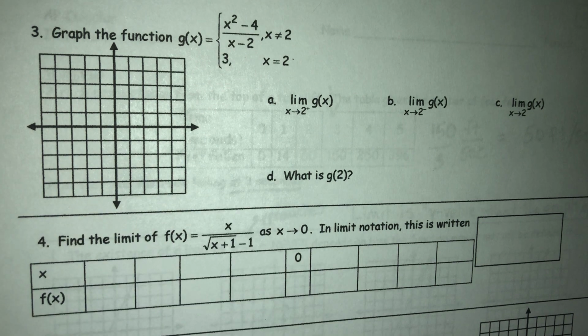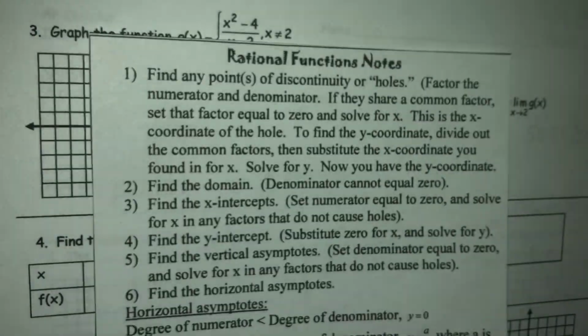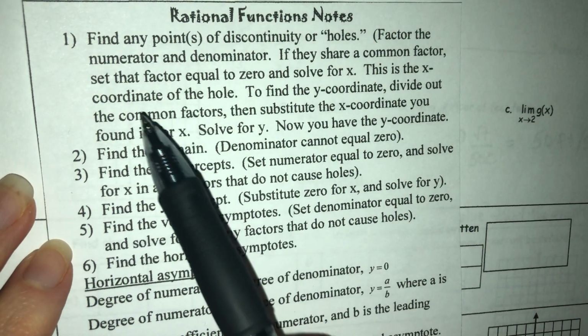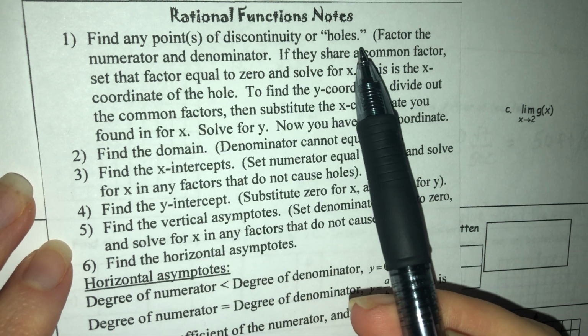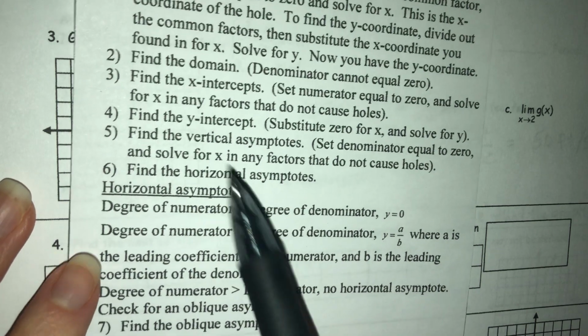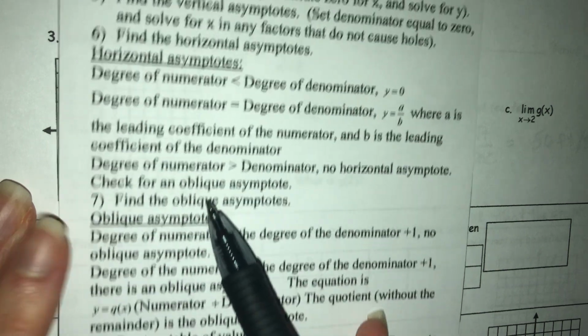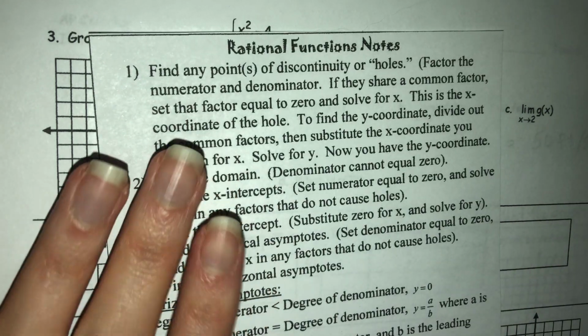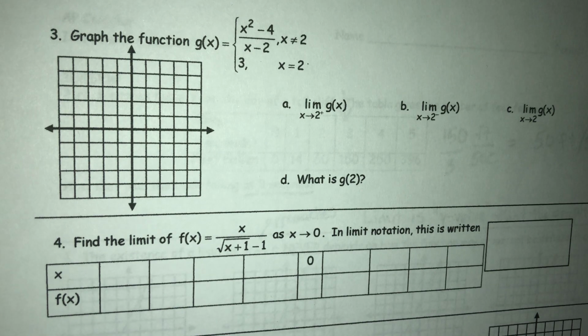But if you're not, I want to point out that I have a little half sheet of rational functions notes that talks about how to find points of discontinuity or holes, the domain, the x-intercepts, the y-intercepts, the vertical asymptotes, the horizontal asymptotes, the oblique asymptotes, a table, and a graph for rational functions. This is linked online in Google Classroom on the website. So if you need some support with that, that is available.